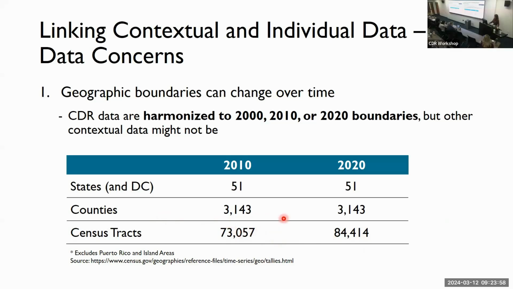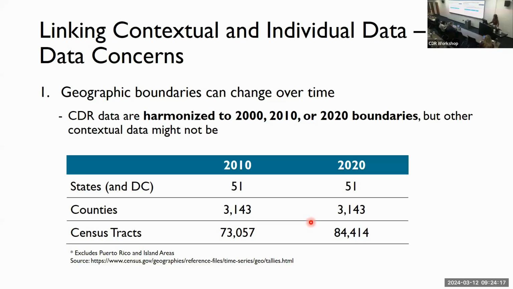But when we go to the counties, it's a little bit more unclear. So here, we see that we have the same number of counties from 2010 to 2020, but you would be mistaken to think that those are the actual same county boundaries from 2010 to 2020.